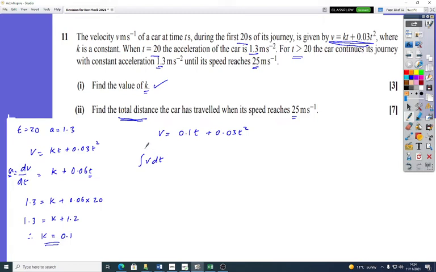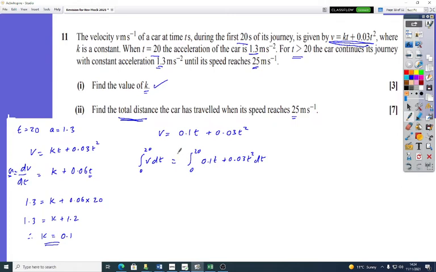So that goes from 0 to 20. If you use your calculators, press the integration sign, write 20 to 0, and put in 0.1 t plus 0.03 t squared with respect to dt.